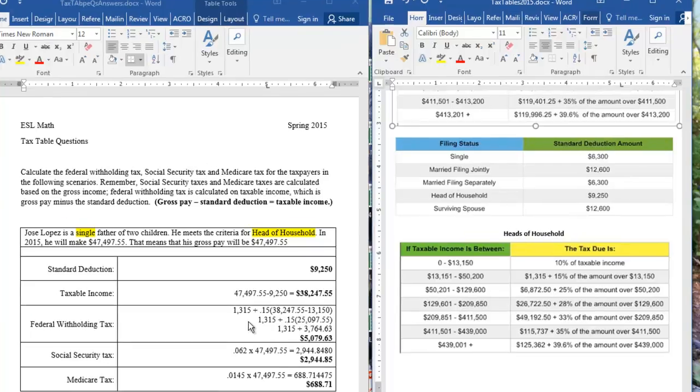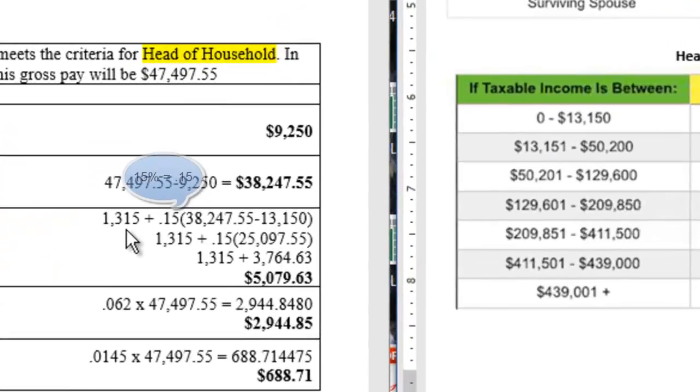So I have that written down here, using the math language for that. It's 1,315 plus 0.15, remember that's the same as 15%, times the difference here, $38,247.55 minus $13,150.